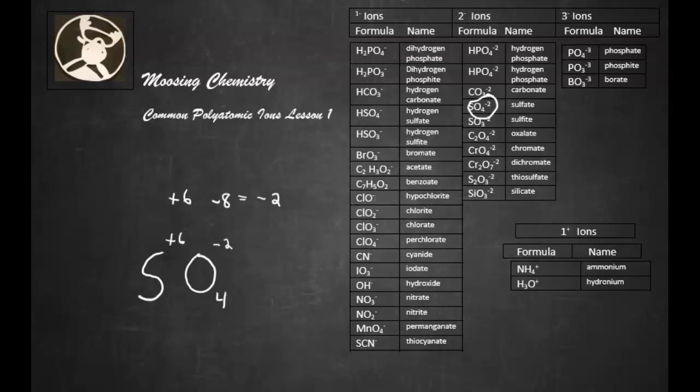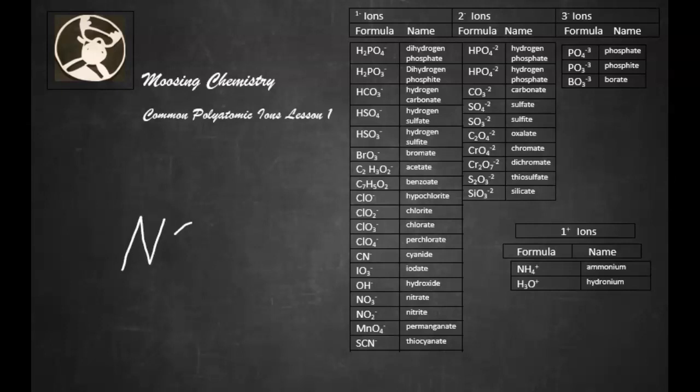Okay, pretty simple. Let's try a few other ones with this, okay? And then we're going to put these together into a compound. All right, so now let's try NO3.